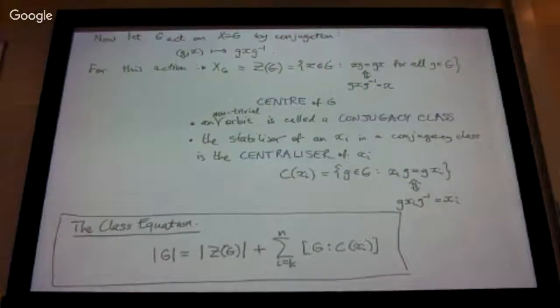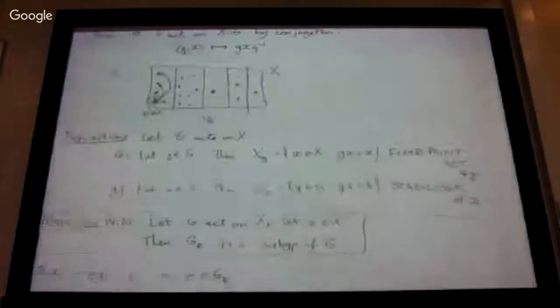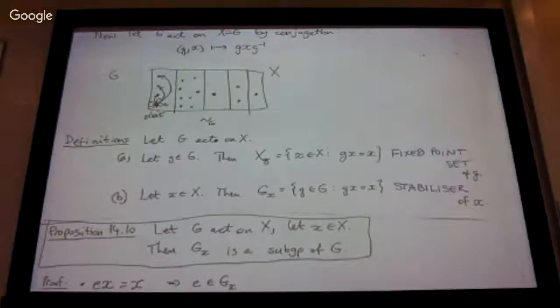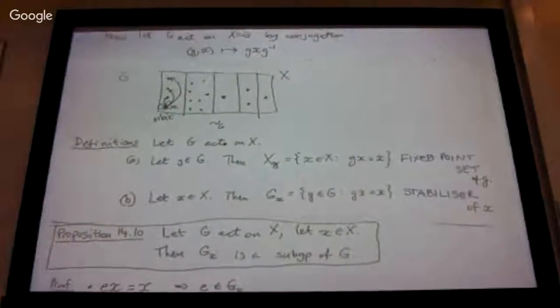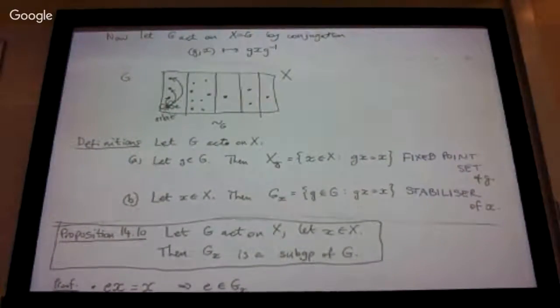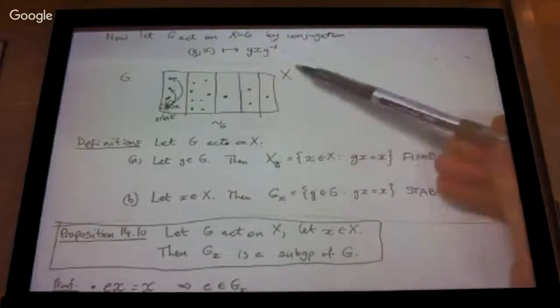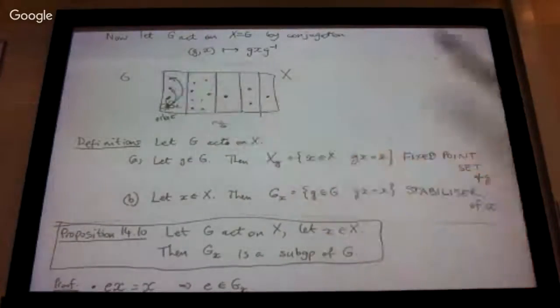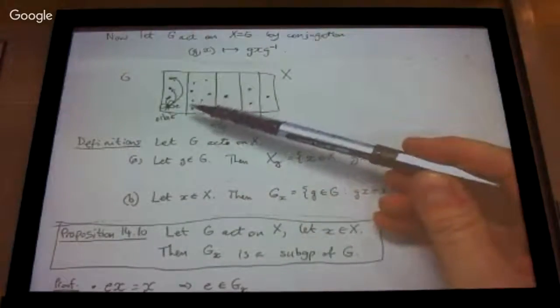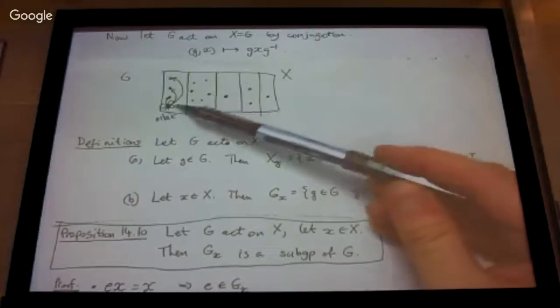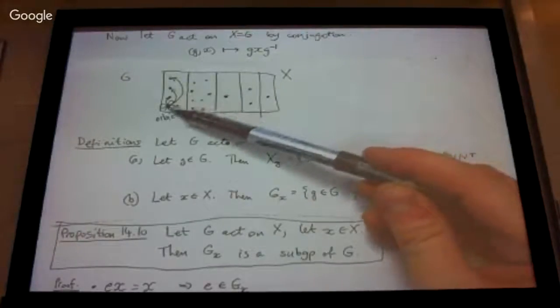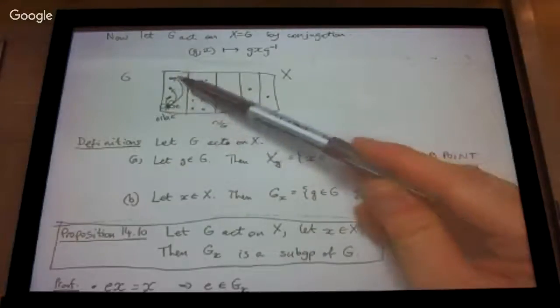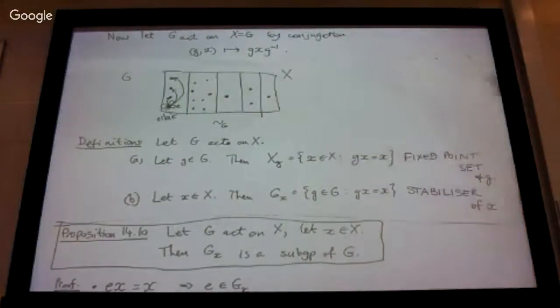Now, one thing we did with actions was orbits. Does everybody know that? So when you've got your set X that's been acted upon by the group G, every element can be moved to some other elements, maybe only to itself, by all the group elements.